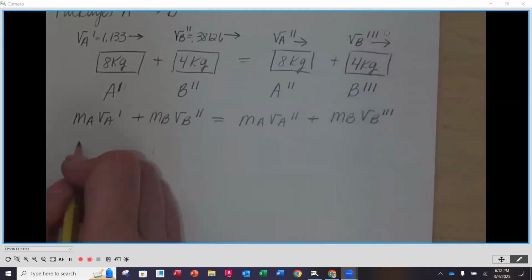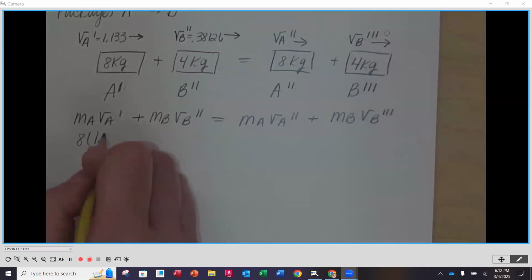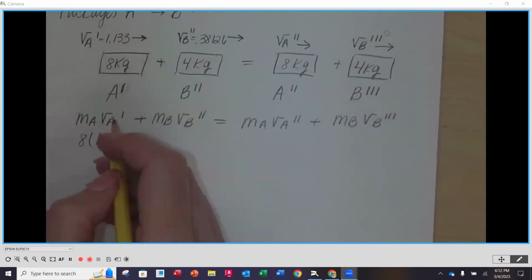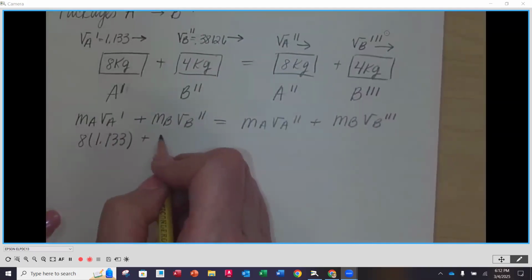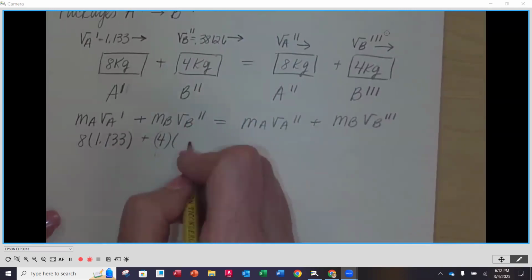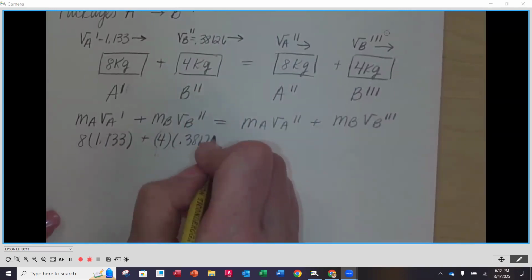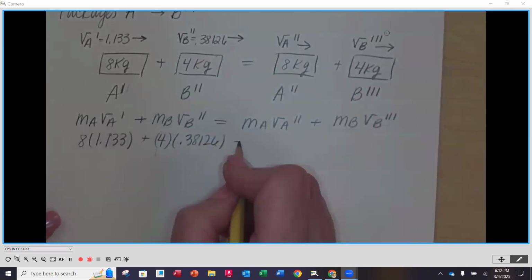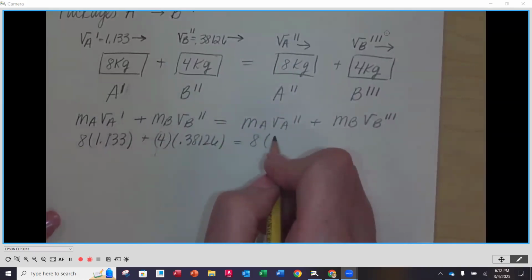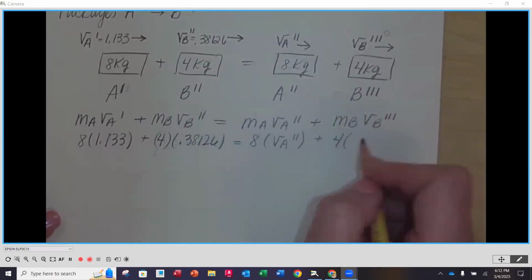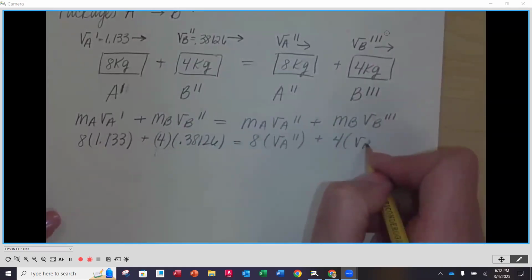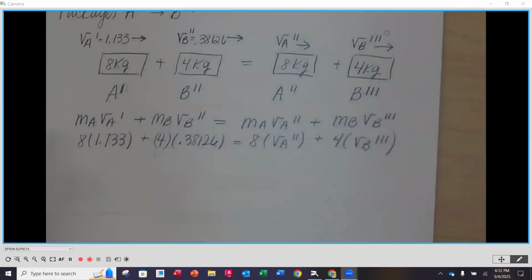So on the left-hand side here, we're going to have 8 times 1.133 plus, this time is going to be 4 times 0.38126 equal to 8 times velocity A prime prime plus 4 times velocity B prime prime prime.